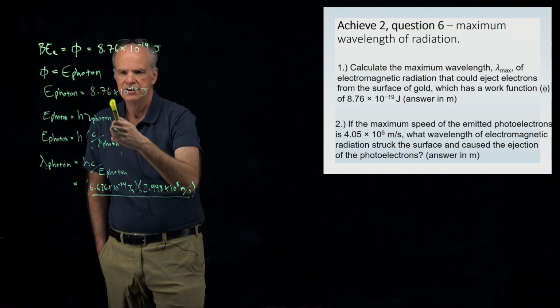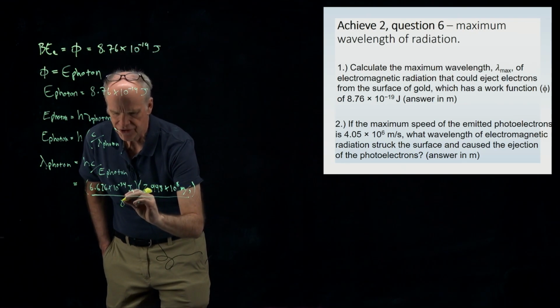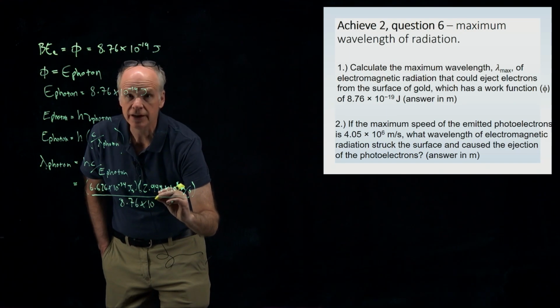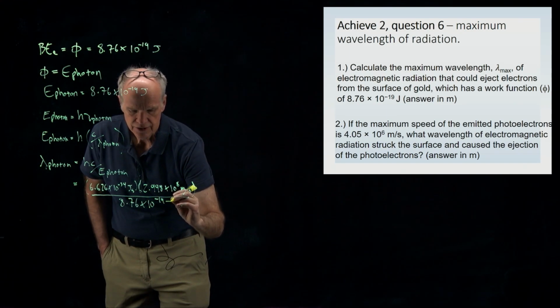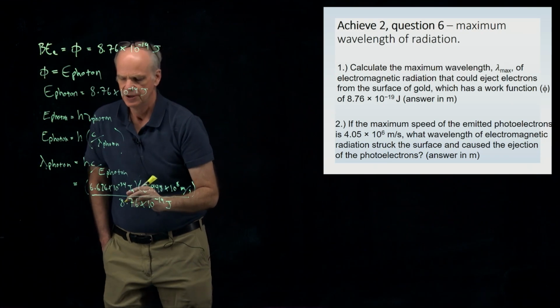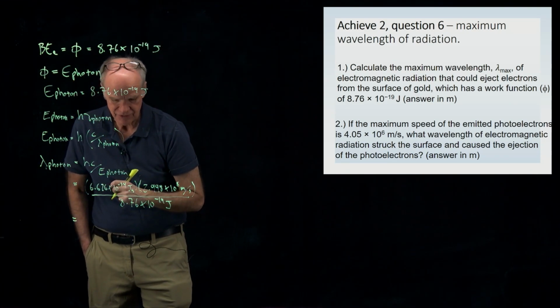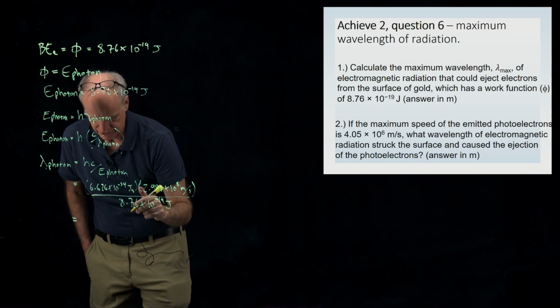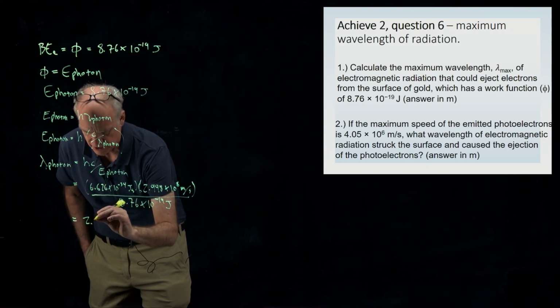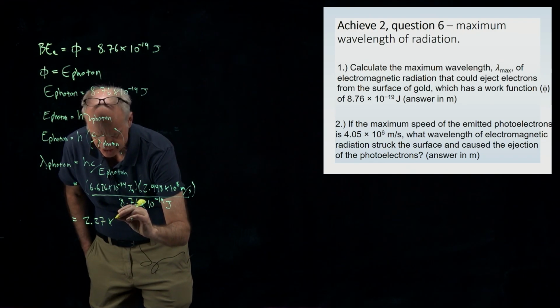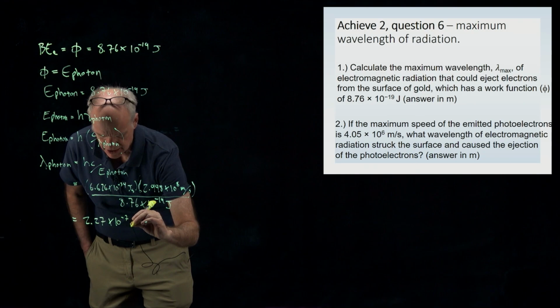And so that is here, it's 8.76 times 10 to the negative 19 joules. Okay, so when you work this out, what I got, and I'm just going to go ahead and round this to the correct number of significant figures, I got 2.27 times 10 to the negative 7 meters.